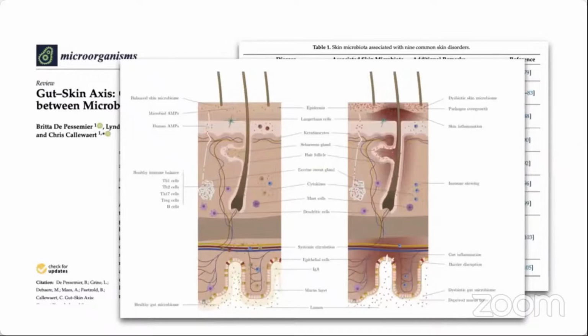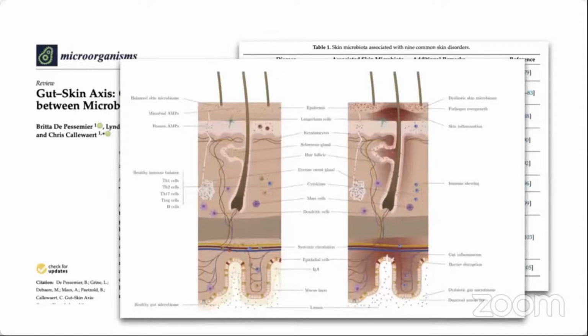Or this dysbiotic state can also be characterized by an impaired skin barrier, right? This generally results in an imbalance in the skin microbiome, and this reduces, for example, human antimicrobial peptide production. This promotes skin rashes, lesions, skin inflammation, and other conditions.